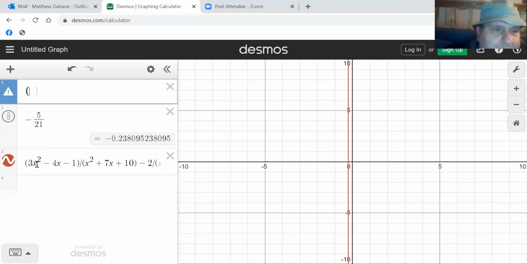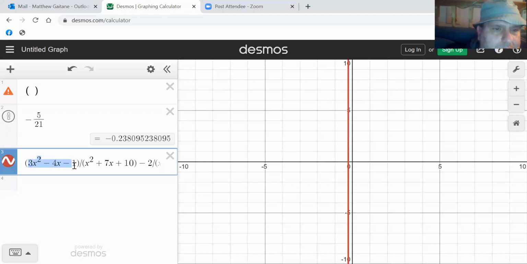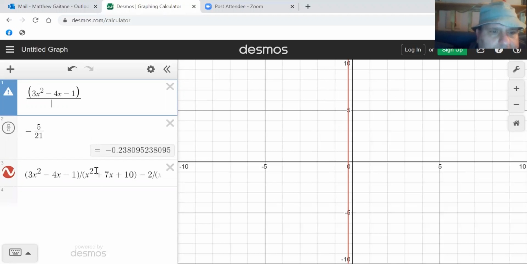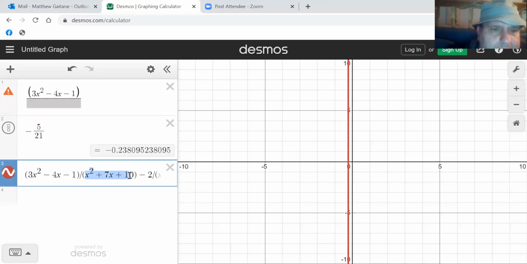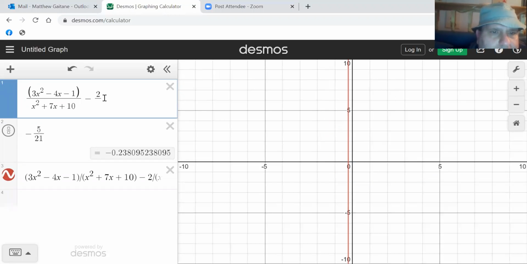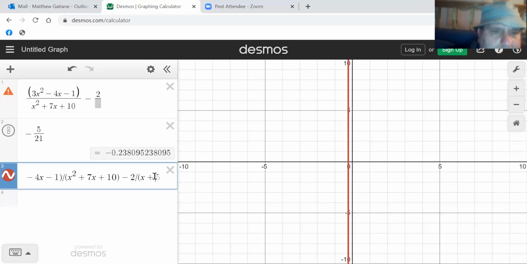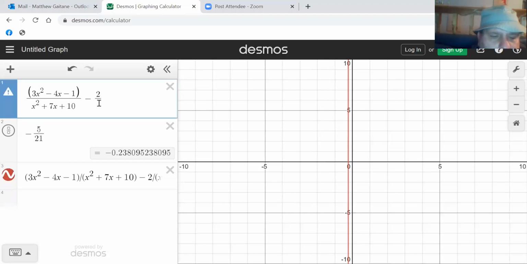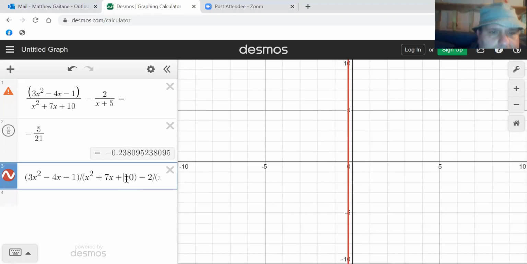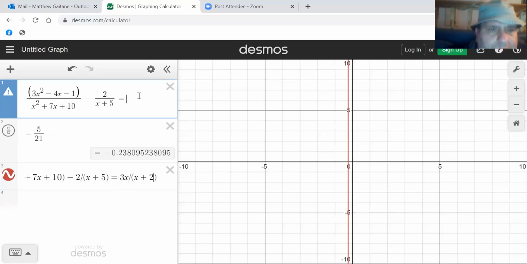This was the previous graph. These are not easy to type in. Divided by x squared plus 7x plus 10. Minus 2 over x plus 5 equals 3x over x plus 2.